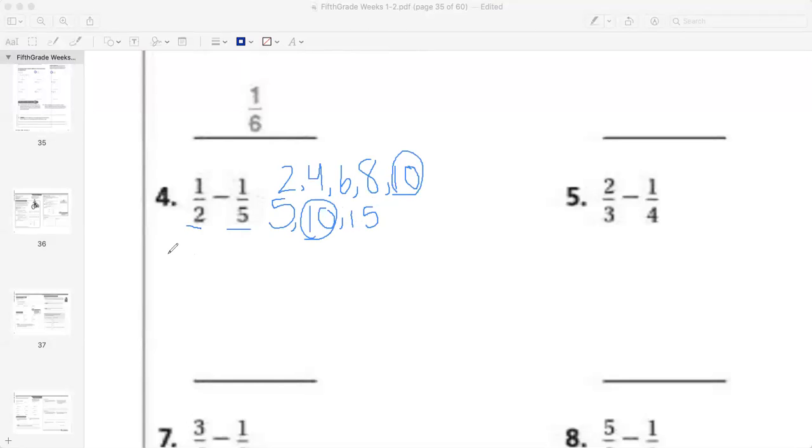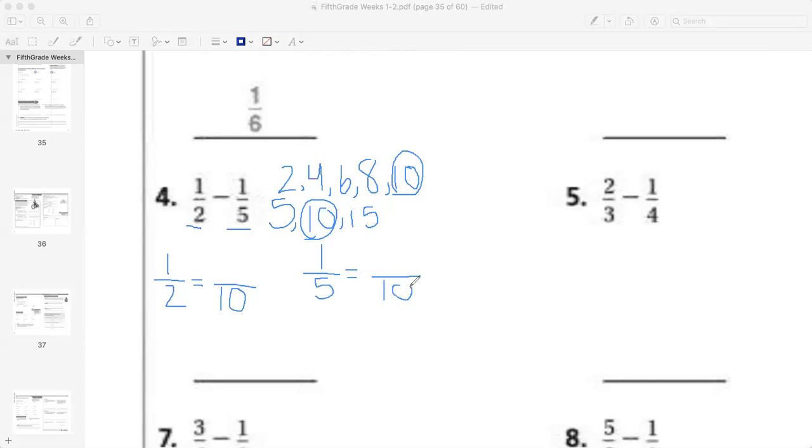So then I rewrite my fractions. I have 1/2, and I'm going to have that equal to something. And then I have 1/5. I'm also going to have that equal to something. The new denominator is going to be 10 because it's our least common multiple, which makes it our least common denominator, which helps in the long run once we start simplifying.